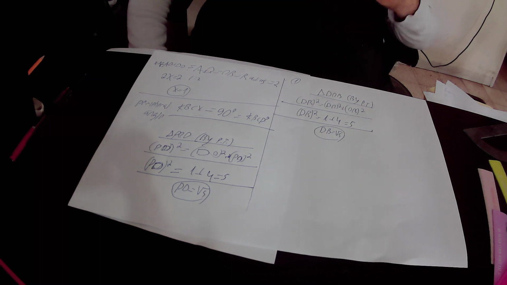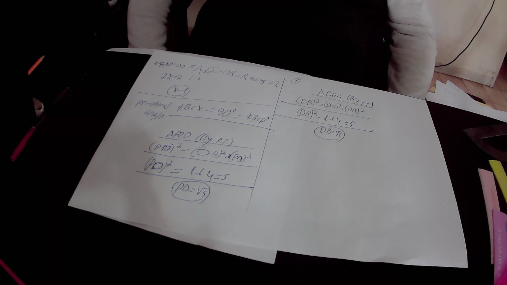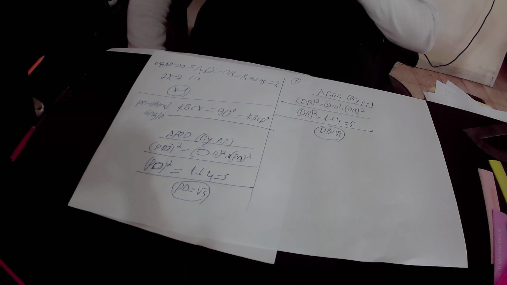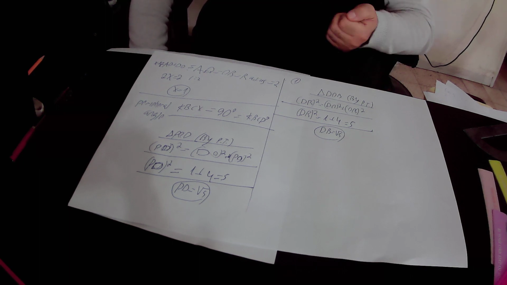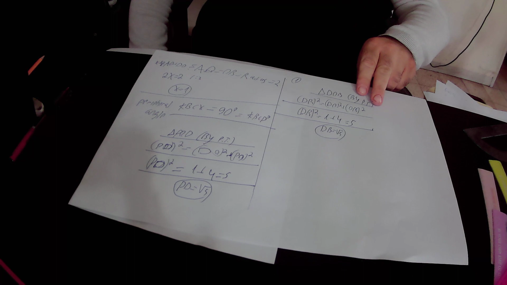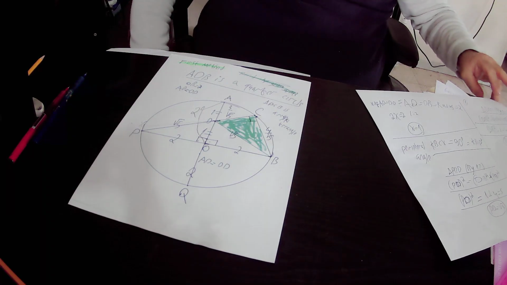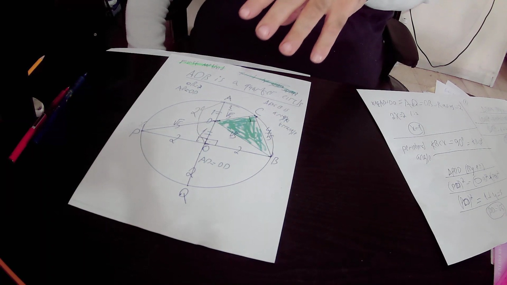According to our assumption, peripheral angle BCX does not pass through point P. But because peripheral angle BCX equals 90 degrees, it must pass through point P, because any peripheral angle that is equal to 90 degrees must rest on the diameter.